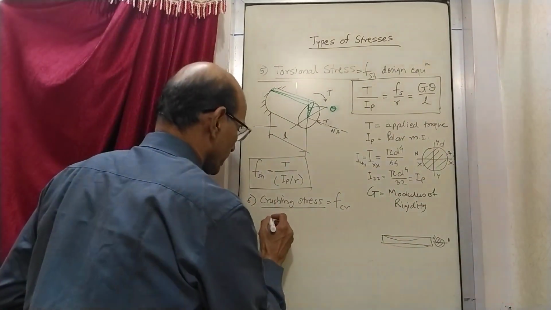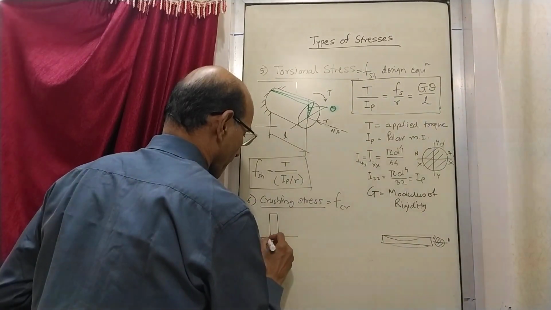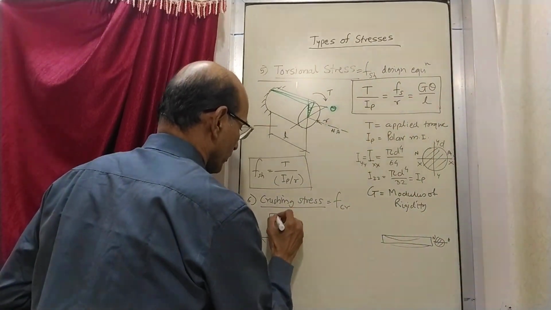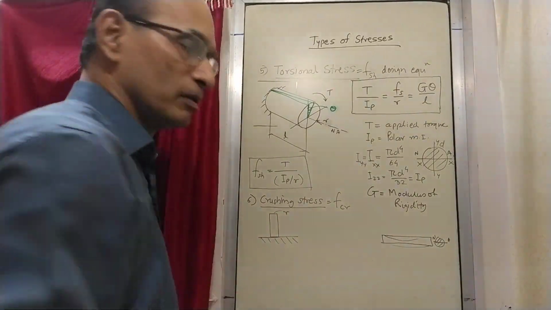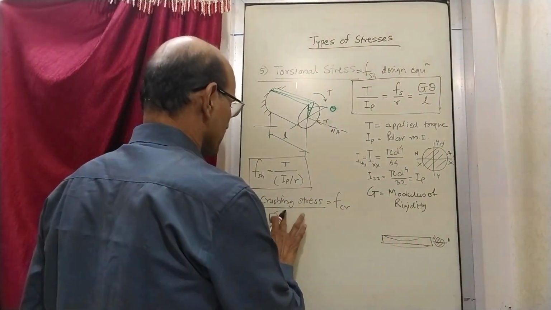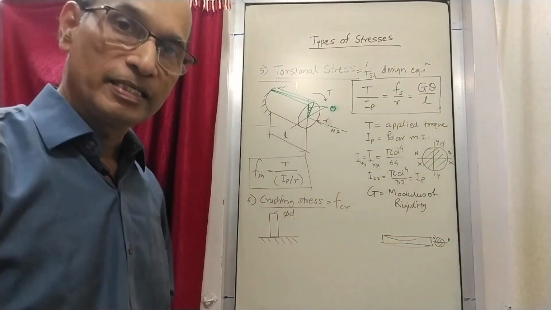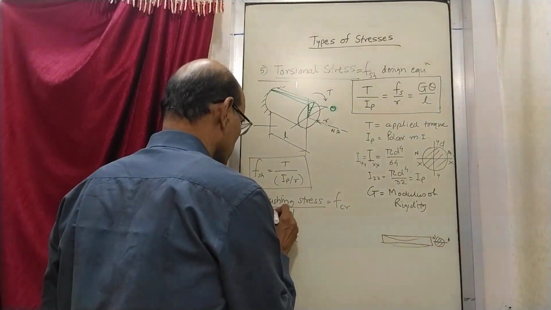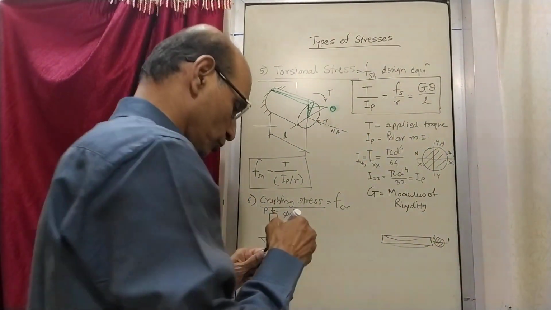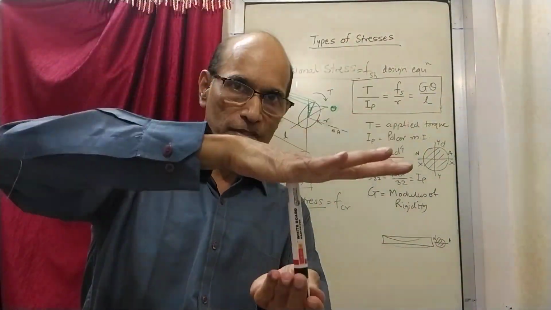Suppose there is a rod like this of radius R. It's a rod of radius R, or maybe I'll say diameter D. There is a rod of diameter D. It is resting on this surface, and you are applying a load like this. So it is something like this, resting, and you are applying a load this way.